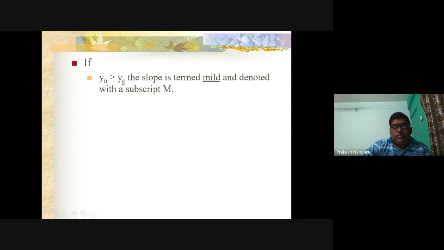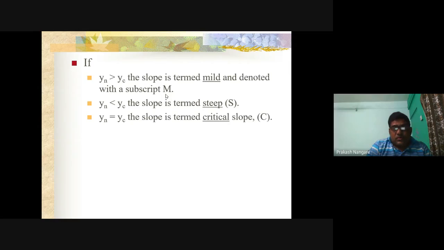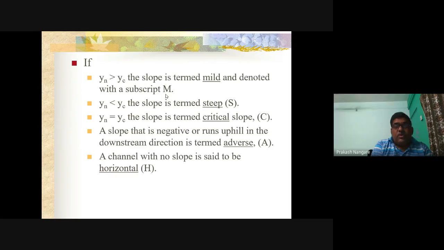If the normal depth is greater than the critical depth, then the slope is termed a mild slope, which is denoted by the symbol capital M. If yn is less than yc, then the slope is termed a steep slope. If yn is equal to yc, then the slope is termed a critical slope. A slope that is negative, or runs uphill in the downstream direction, is termed an adverse slope, and a channel with no slope is said to be horizontal.